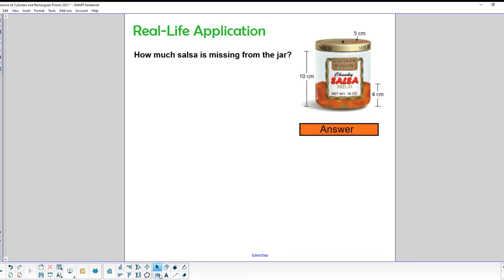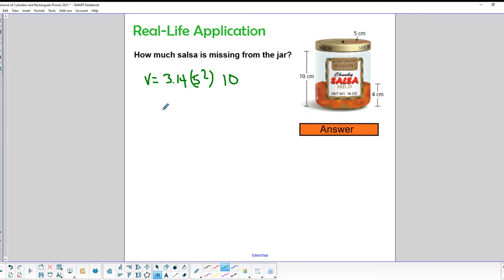So we need to find the volume of the full jar. So the volume of the full jar would be 3.14 times the radius squared, which is 5 squared, times the height of a full jar, which is 10.